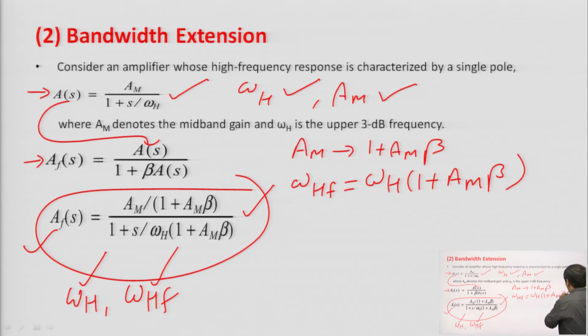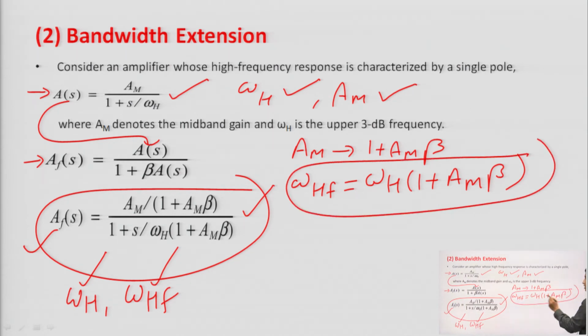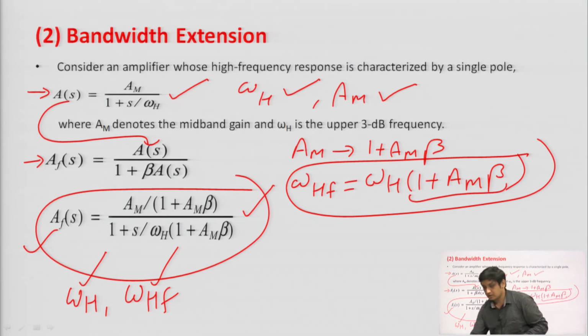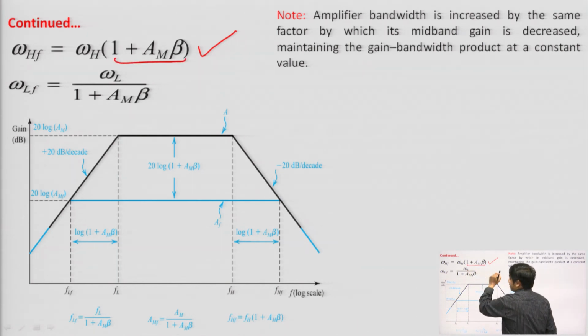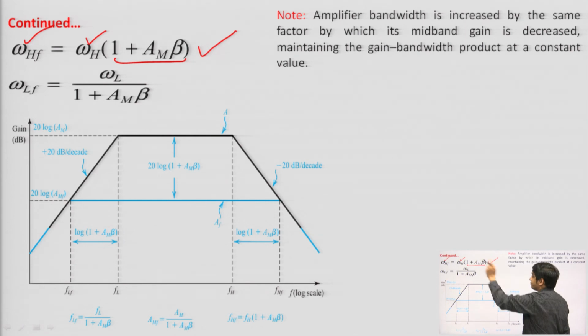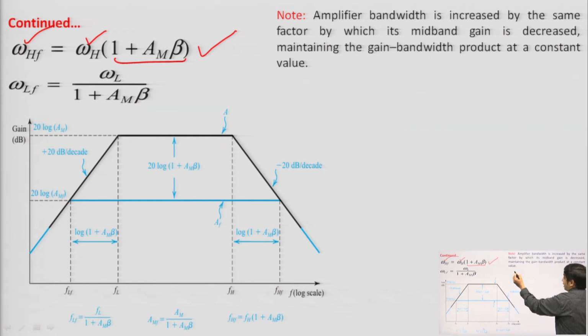So, with the help of negative feedback, your upper 3 dB frequency is increased by the factor 1 plus AM beta. So, the bandwidth is enhanced. Fine. And the bandwidth of the amplifier, how do we calculate it?